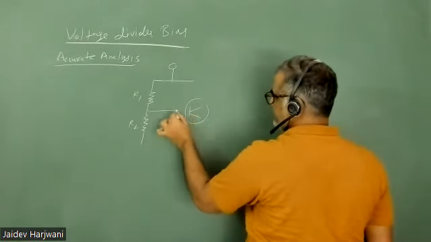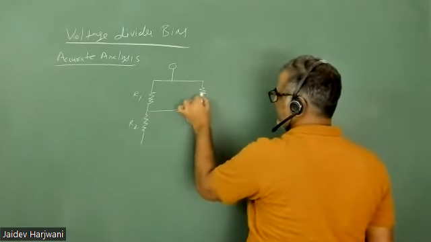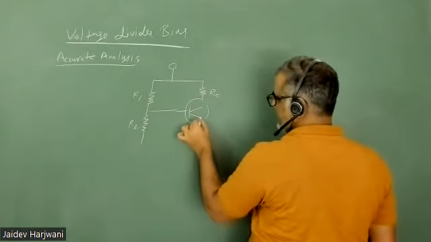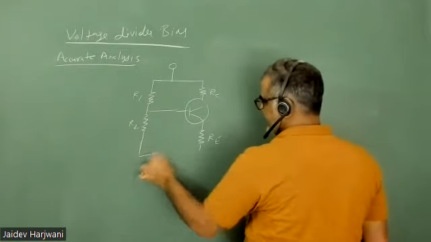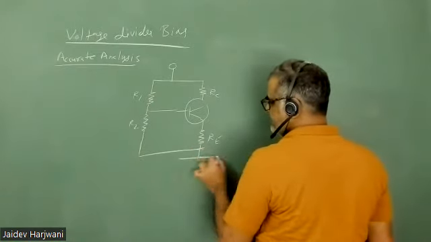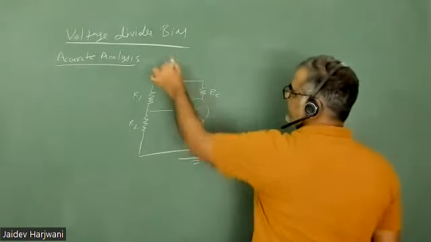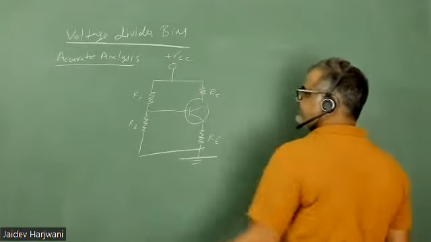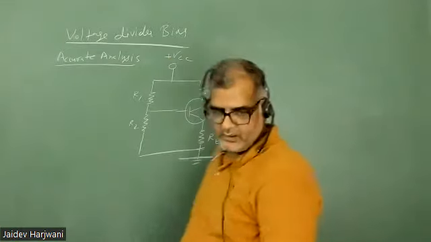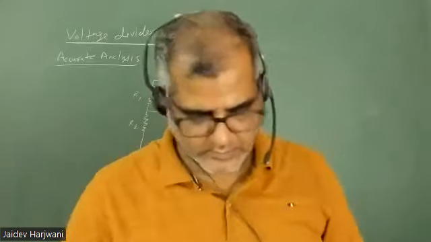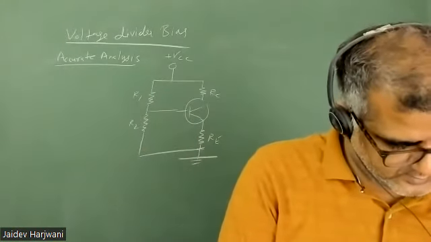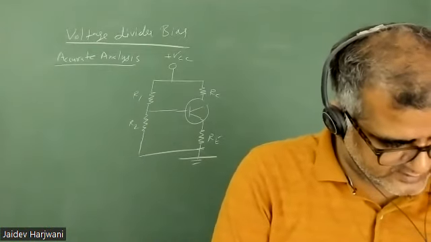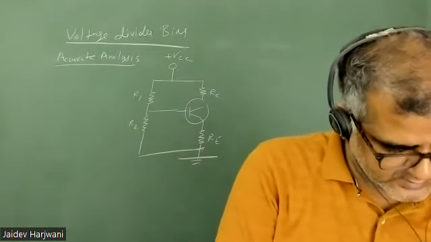Here you have RC, and here you have RE, and RE is grounded. Here you are applying a VCC. Now I want to do accurate analysis. Let me first check the circuit, whether the circuit is correct. Okay, circuit is okay.